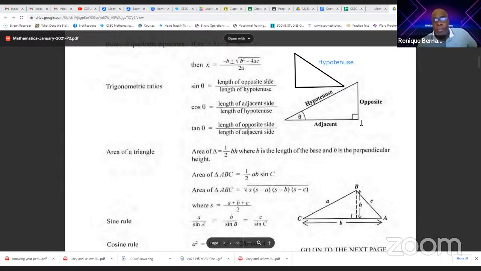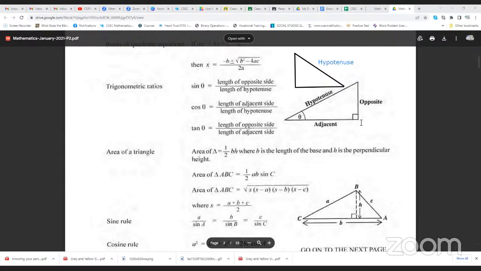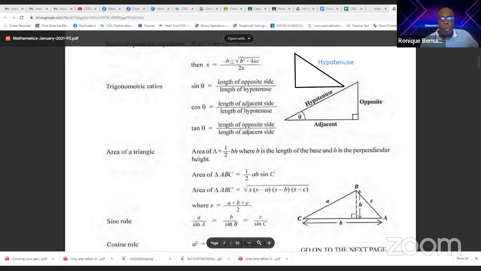Am I making sense? Yes, sir. Okay, good. So let's say now that the angle we're speaking of in reference is the angle here. So this is the angle in reference.